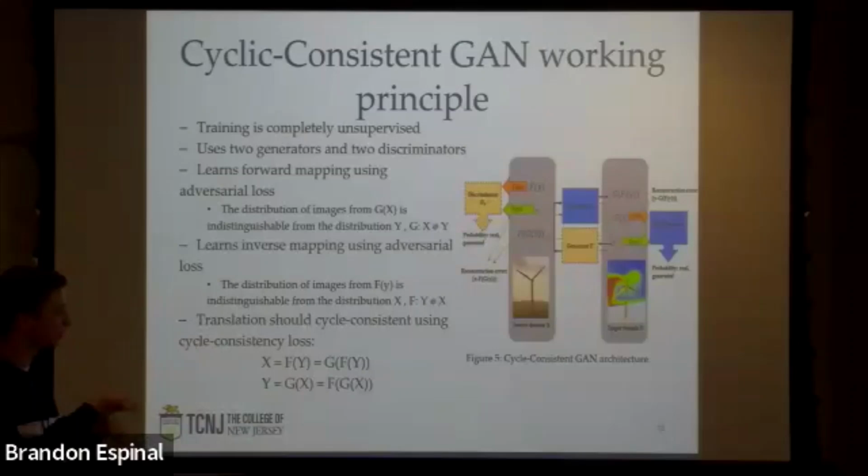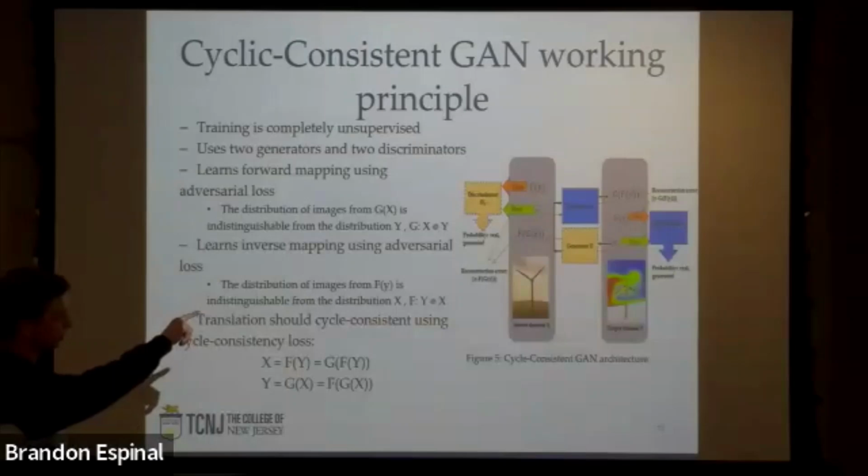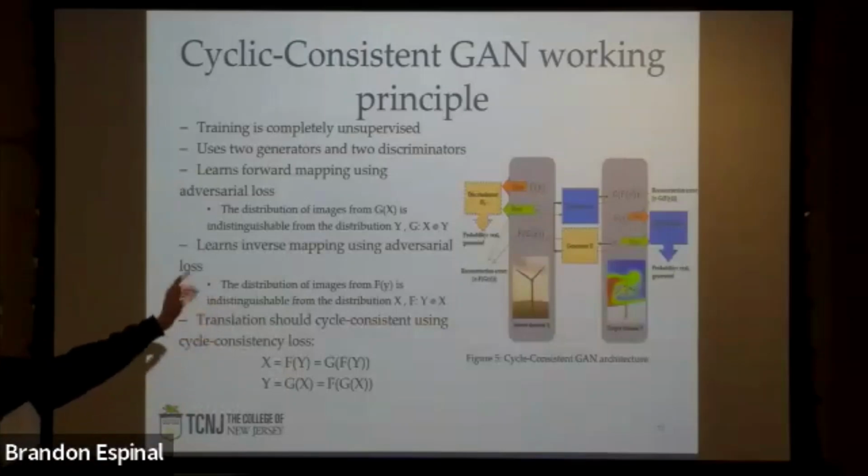So you have these two things that go in opposite directions, and then there's one extra loss that basically says that Y minus G of F of Y should always be 0, right? It should be as close to 0 as possible, because G and F are supposed to be inverses here, going in opposite directions.